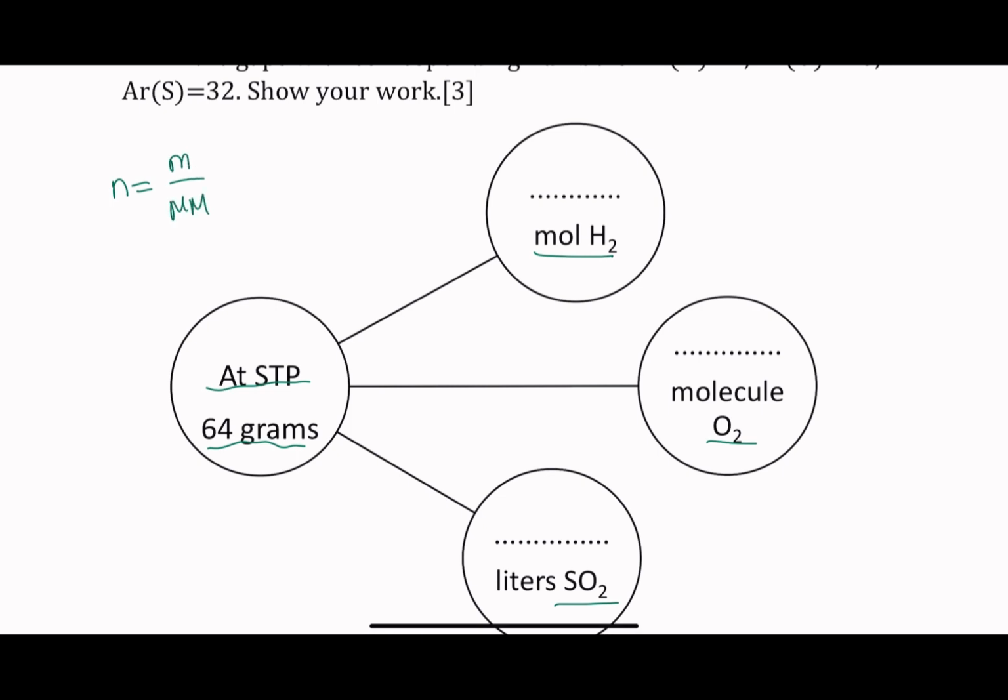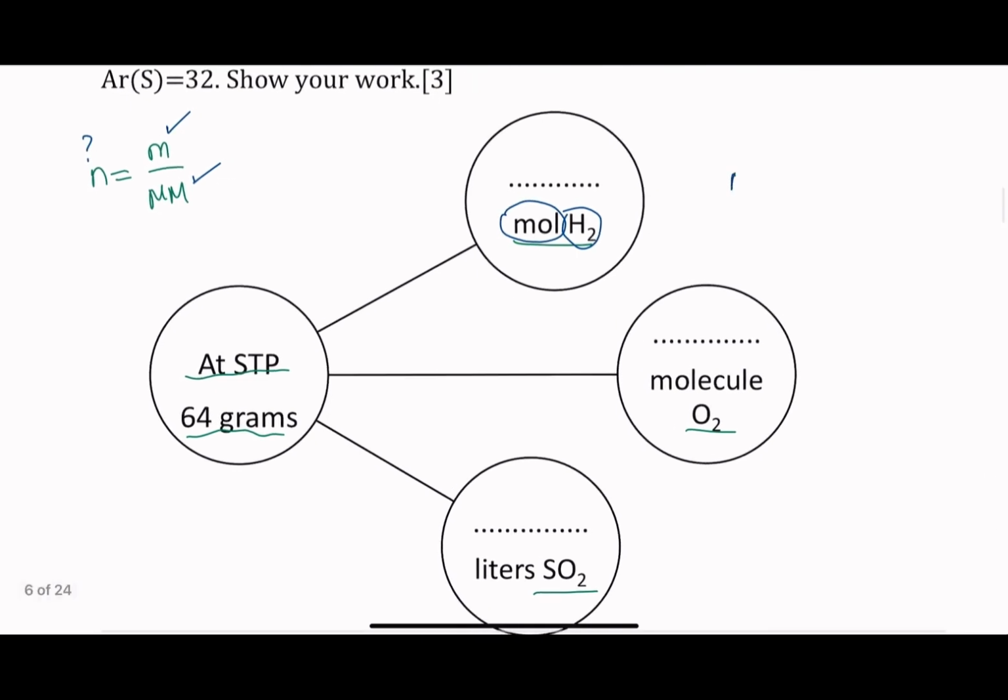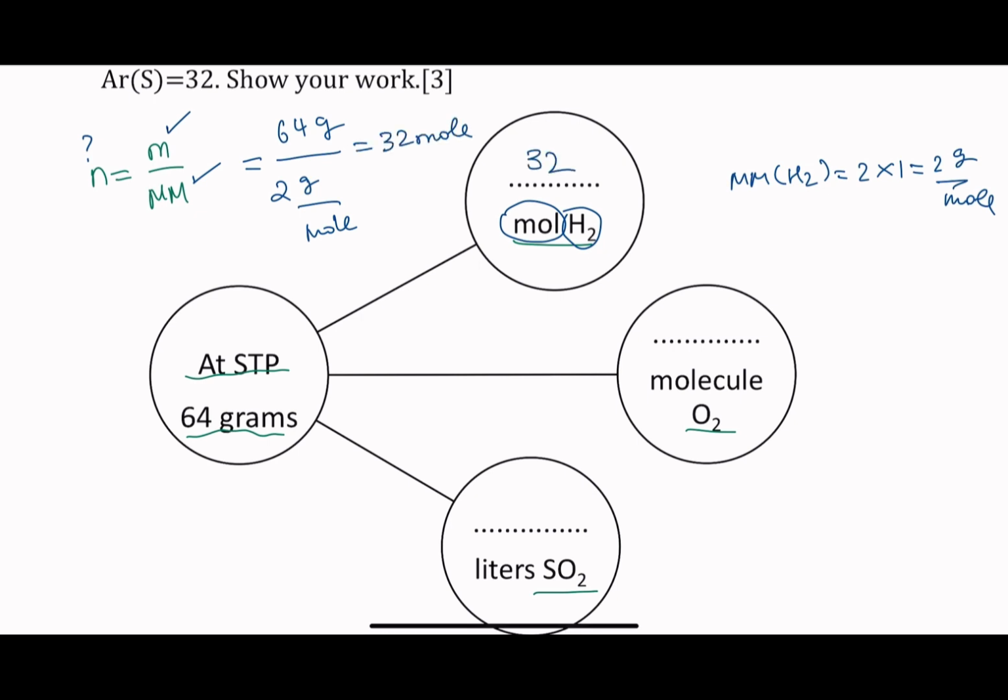You're only given mass, and you can find the molar mass from the hydrogen, and it is asking you the mole. Molar mass for hydrogen is 2 times 1, which is 2 gram per mole, right? So when you come back here, it would be 64 gram divided by 2 gram per mole, and this would be 32 mole. So 32 in here.